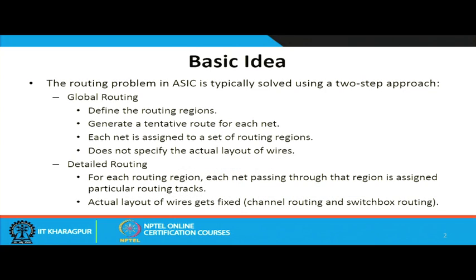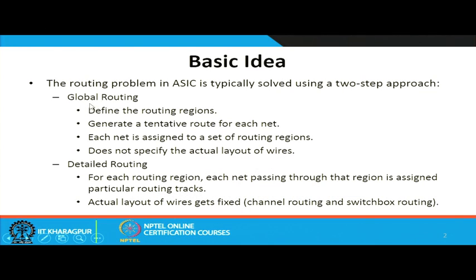If a path exists, it will find it, but in this method we are concentrating on small parts of the layout, solving the routing problem in an incremental fashion.